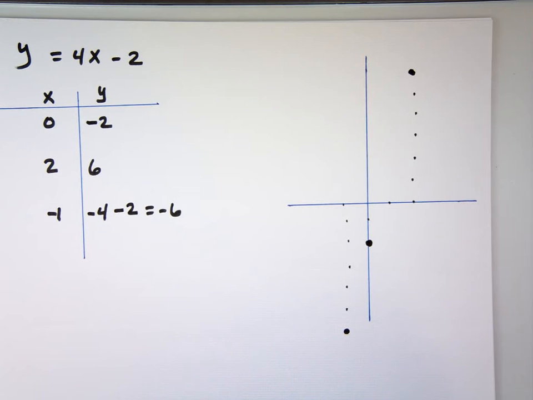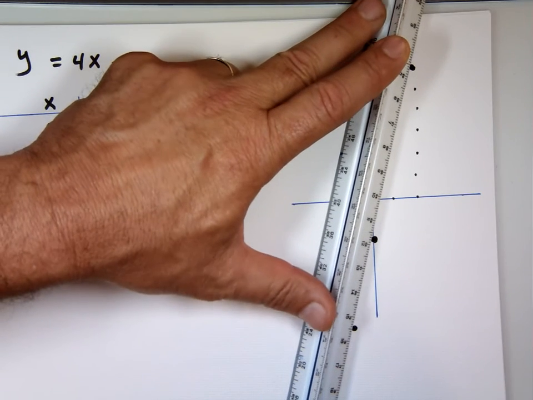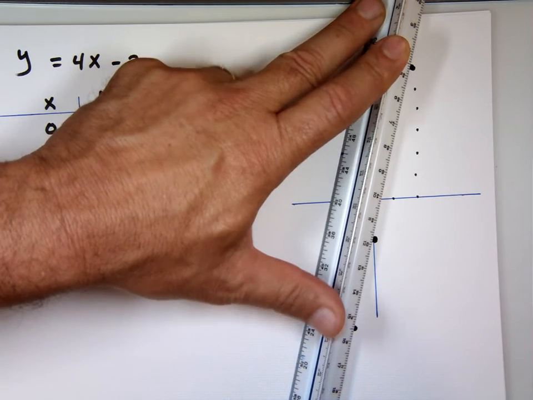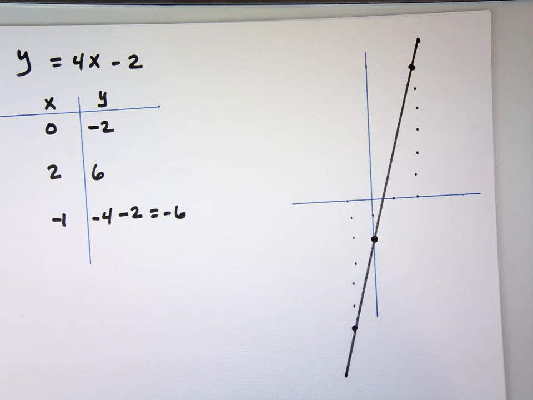And if we did this correctly, if we find a line to go through these points, you'll see the graph will look like this. The line goes through all 3 points. That's one way of graphing, by picking points.